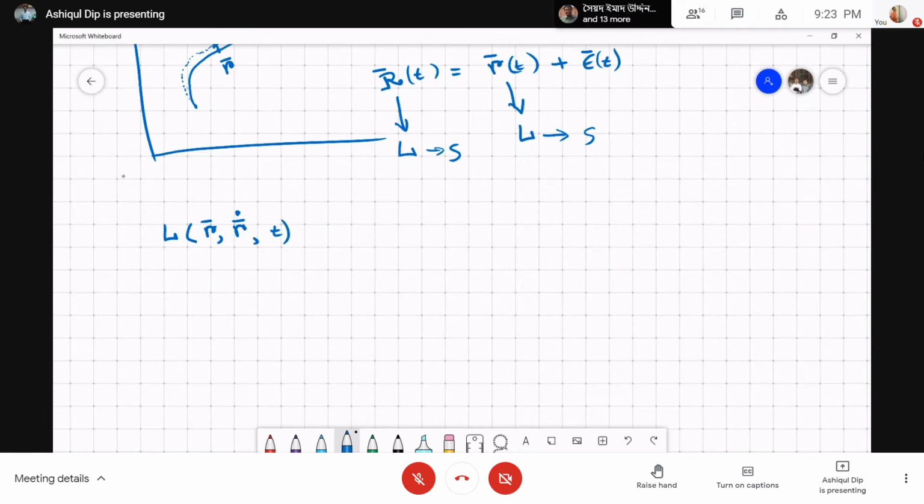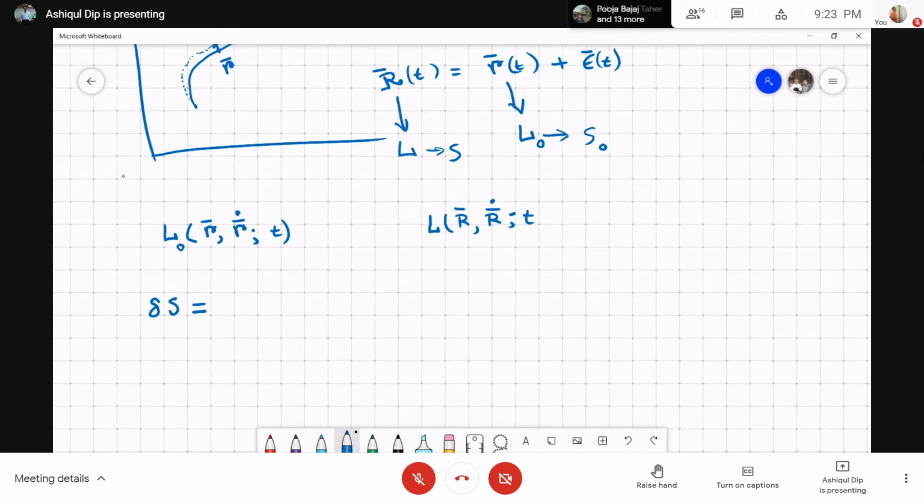And the Lagrangian for the varied path would be L of big R, R dot, and most possibly time itself. So the change in action, delta S, would be, let's call it a different notation, like L naught and S naught, then we can distinguish. So L naught is the Lagrangian through that original path, and L is for the varied path.